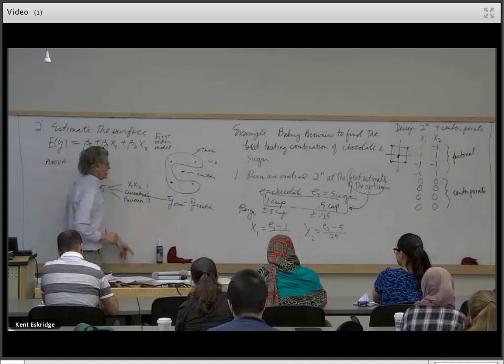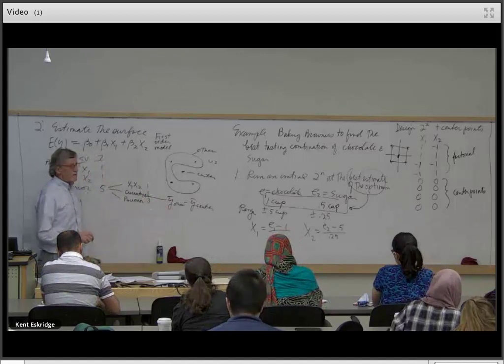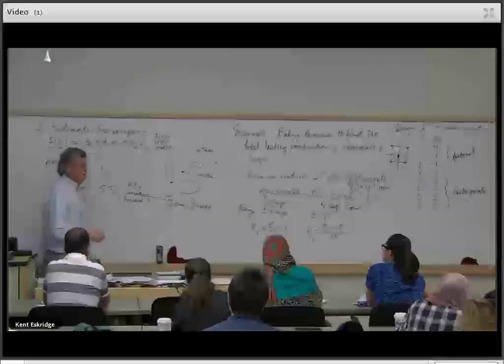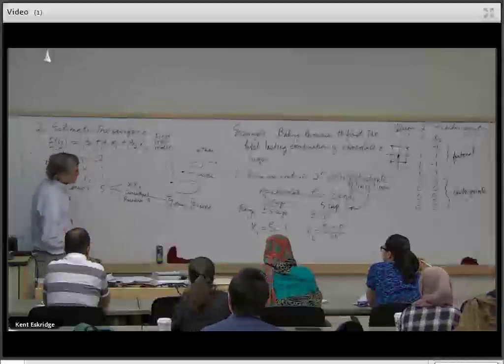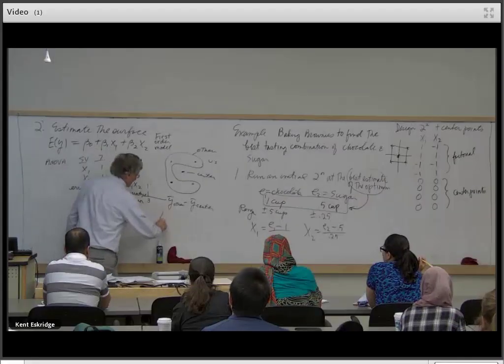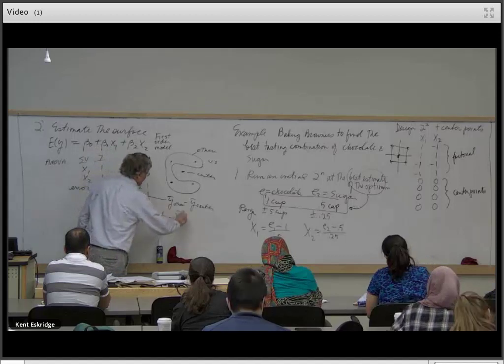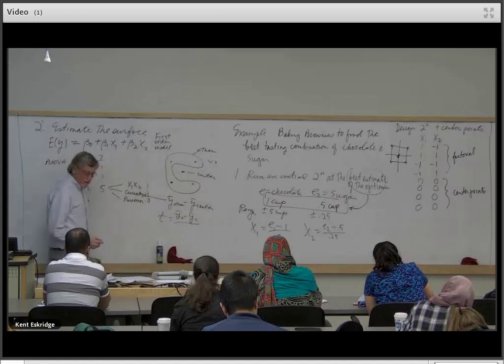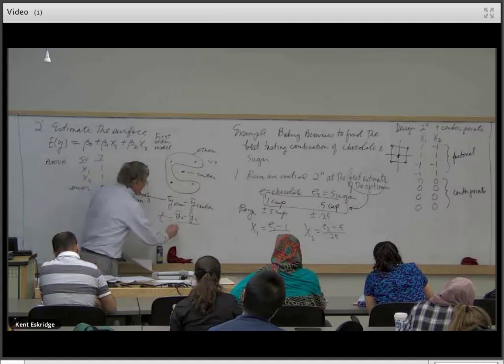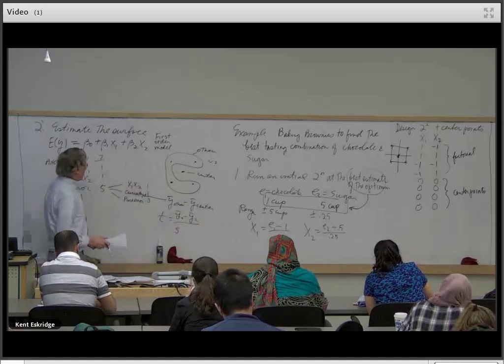Now we could do a little test on it. What statistical test could we use here? The simplest test that 218 students hopefully know: a t-test. Other minus the center, over the standard deviation. This would be pure error.